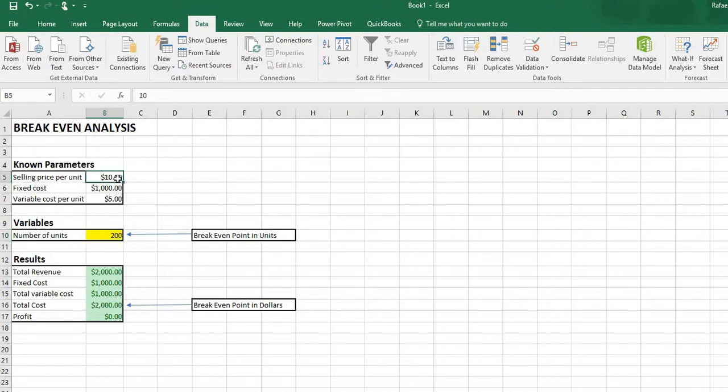Now let's switch it up and say you sell each perfume for, let's say, $18 per unit. So you have a profit here. Let's use Goal Seek again.